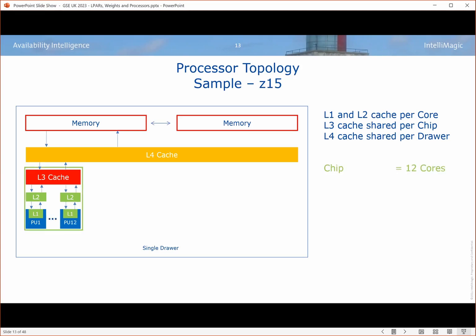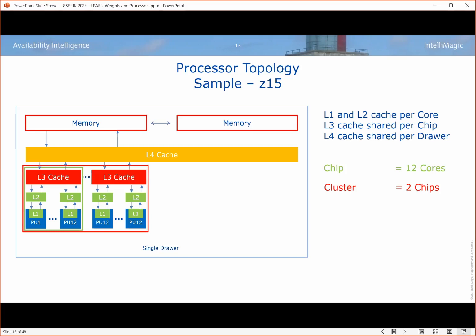We look at the architecture and we expand it to the chip, which in this particular architecture includes 12 cores. Each of them has their own level 1 and level 2 cache, and they're sharing the level 3 cache, okay, and the level 4 and etc. We go further in this particular architecture and we talk about a cluster, which is 2 chips, and you can see it visually here as well, okay?